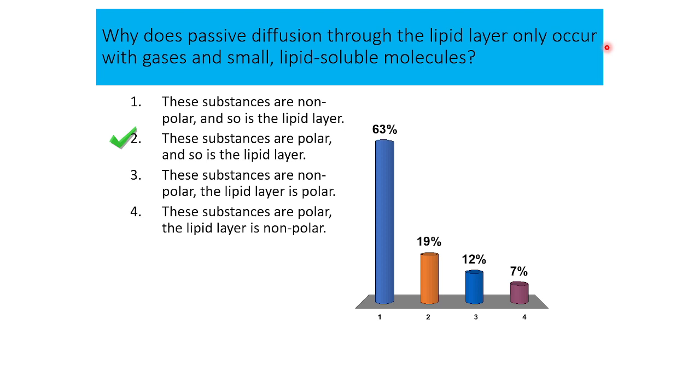Now, why does passive diffusion through a lipid layer only occur with gases and small lipid soluble molecules? So this is a question. Either these substances are non-polar and so is the lipid layer, these substances are polar and so is the lipid layer, these substances are non-polar and the lipid layer is polar, or these substances are polar and the lipid layer is non-polar.